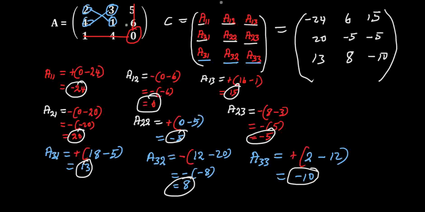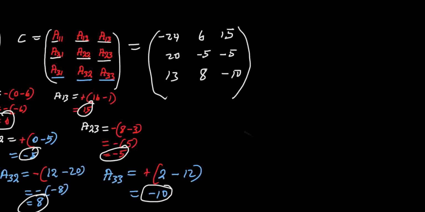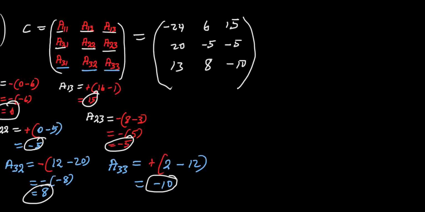All right. So now we are going to find the adjoint of the square matrix A, and to do that we are going to transpose the cofactors.